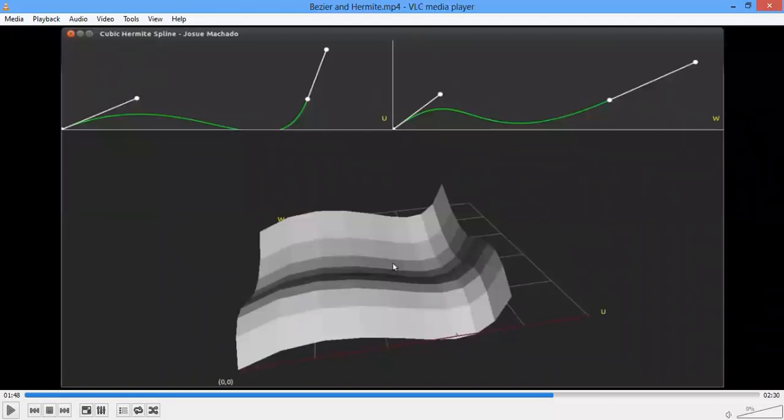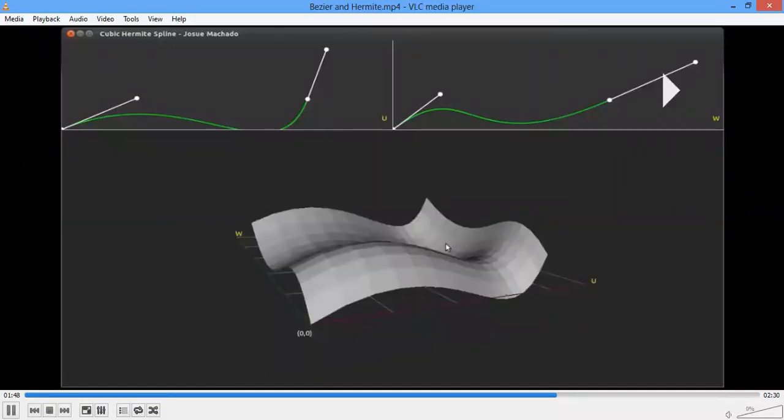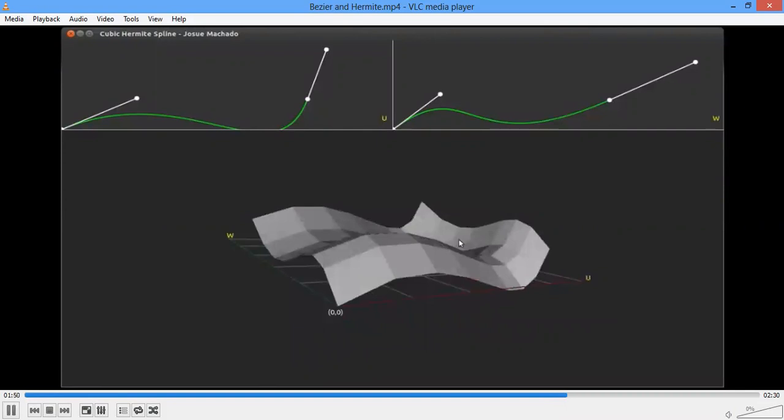The lesser the number of parts, the rougher the surface is going to be, with sharp edges and turnings. If it has more number of parts, it will look like this, with smooth surfaces, right?